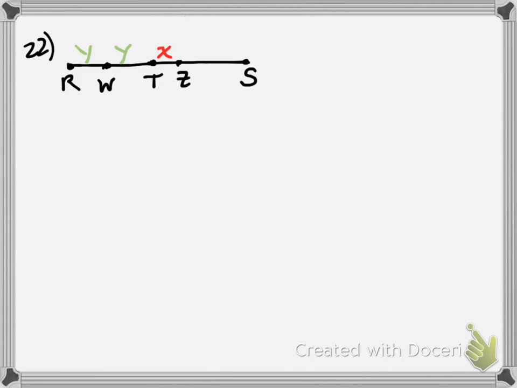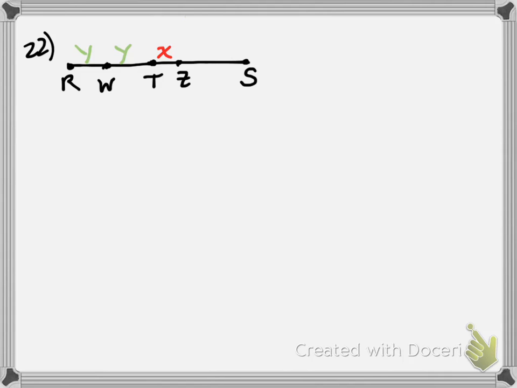So T is the midpoint of segment RS. And W is the midpoint of segment RT. And Z is the midpoint of segment WS. So that's where I got myself held up.